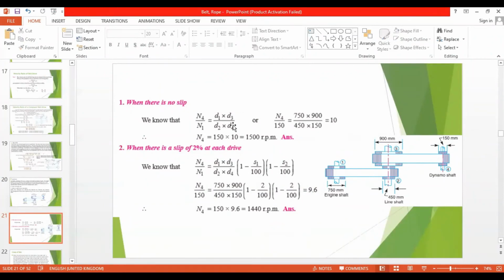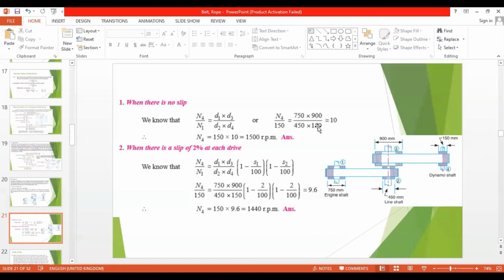Now we will substitute the values. N4, the last driven, is what we need to find, over N1, the first driver, which is 150, equals d1 by d2 into d3 by d4. d1 is 750, d2 is 450, d3 is 900, and d4 is 150.